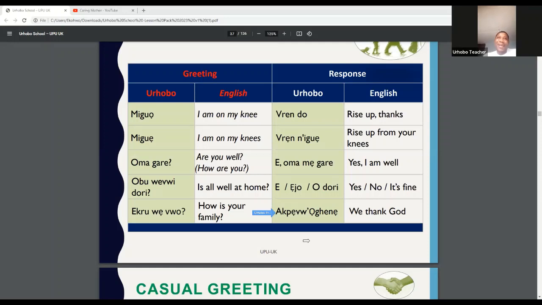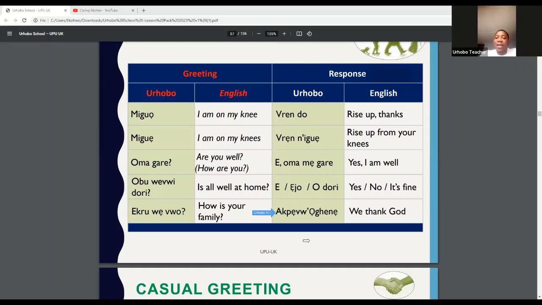If you say me Orene, you are saying something different. You are saying I am God. But Orene me means my God. Orene we, your God. So Orene is the noun there, we is the adjective.